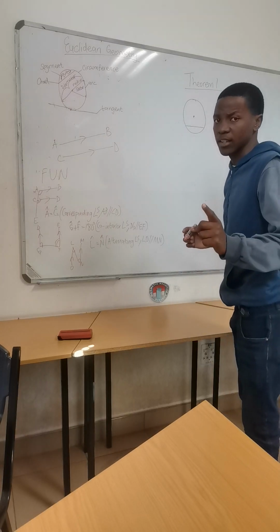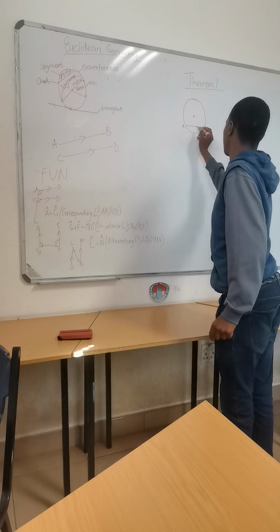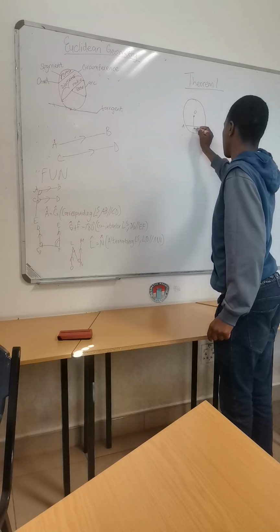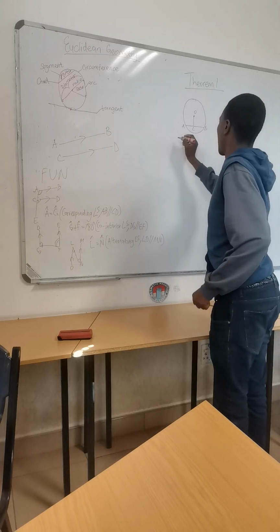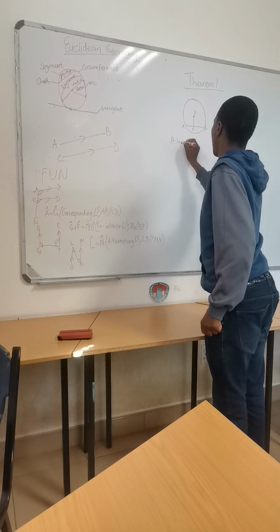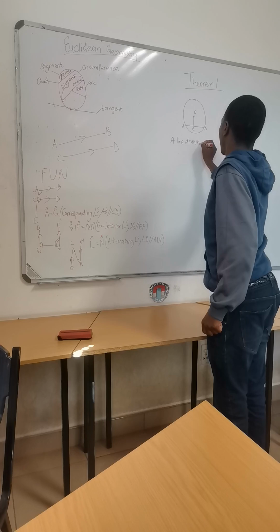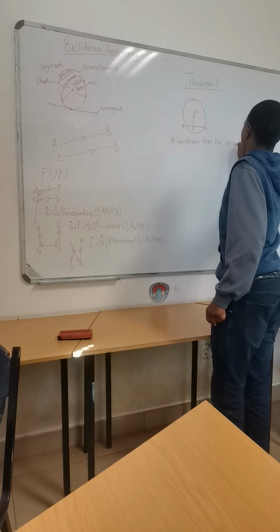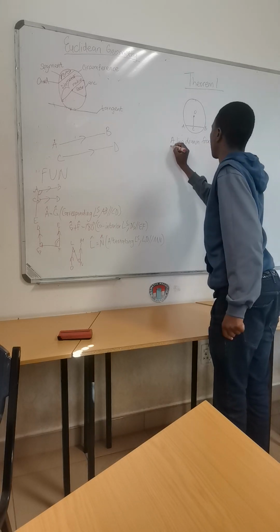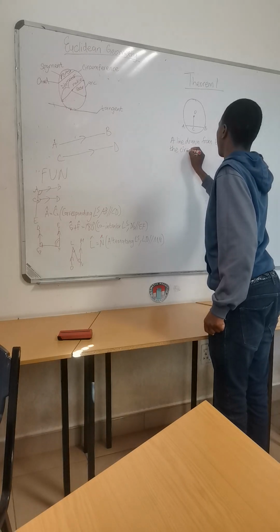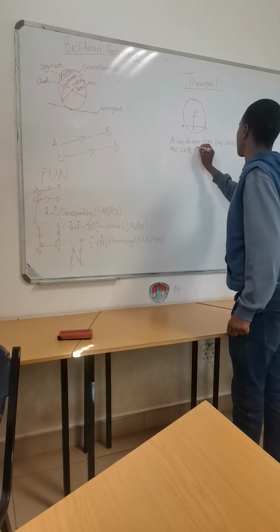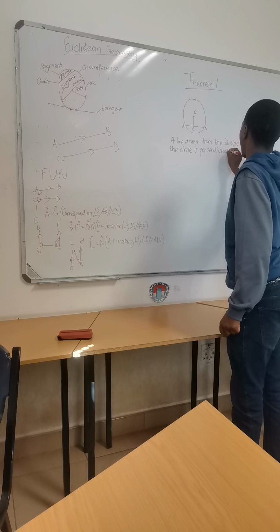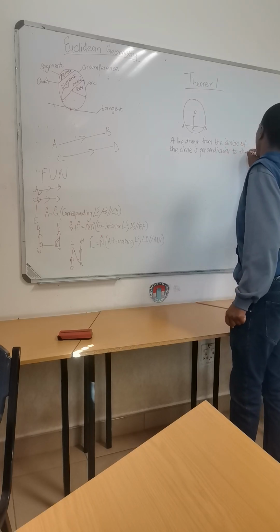According to theorem 1, this is A, this is B, this is O, and let's say this is C. It says a line drawn from the center of the circle is perpendicular to the chord.